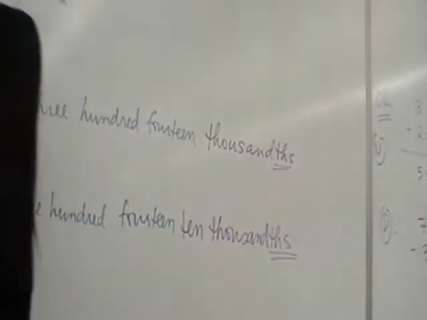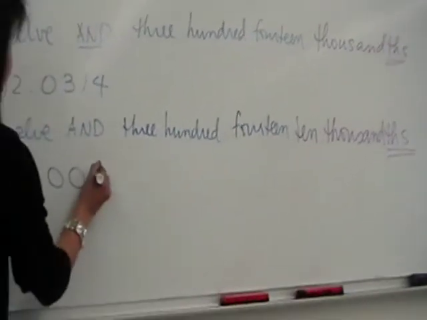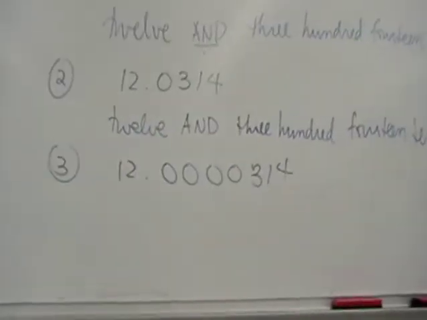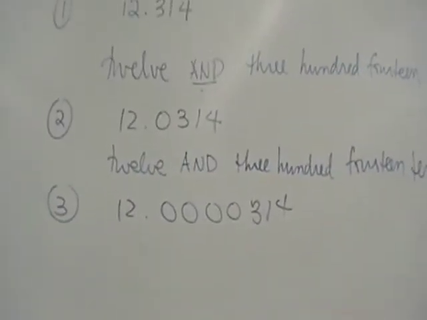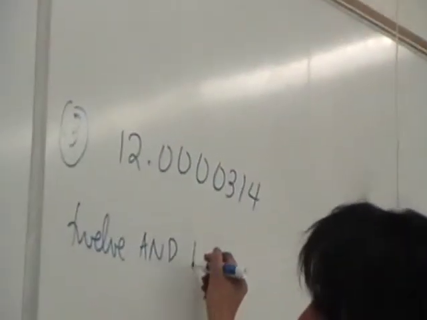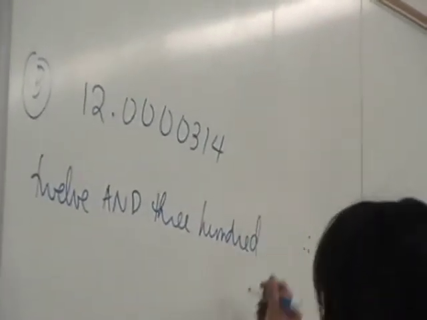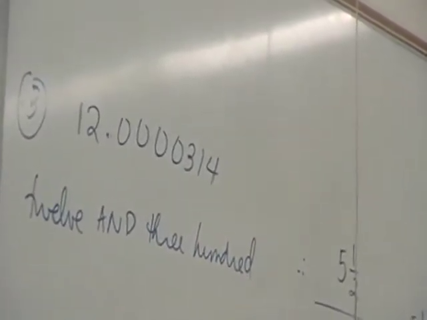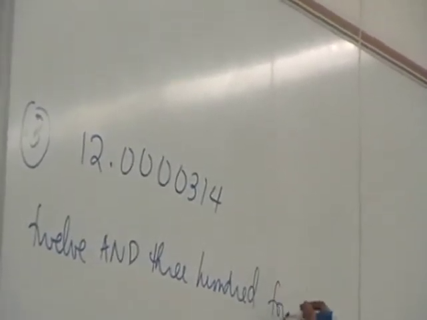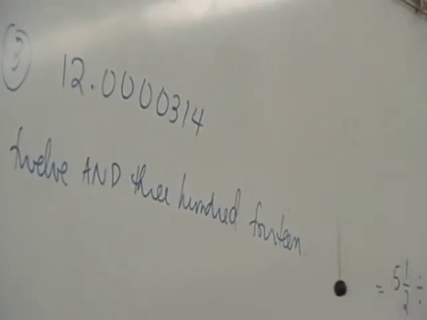Okay, let's do the same thing. Placing the value, right? 314 ten-thousandths. So you see how you don't even have to change anything, right? But now, what will change? Millionths.